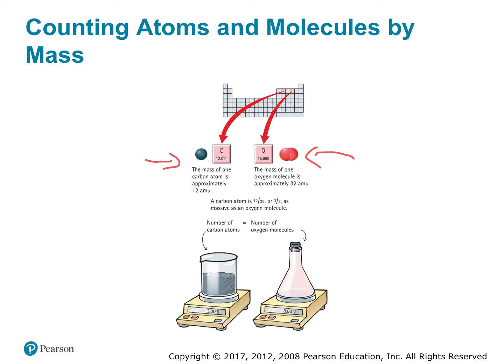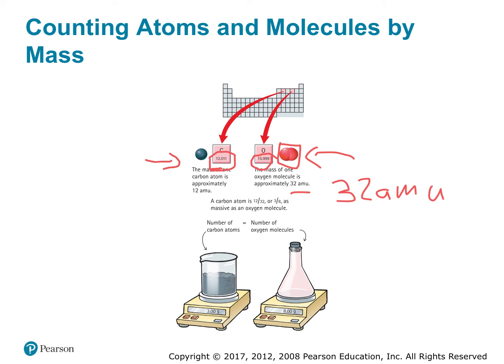And if we look at the periodic table, we can see the mass in AMU is listed for each one. So for carbon, it's about 12, and for oxygen, it's about 16. But we know that we've got two oxygens, so 2 times 16 gives us 32. So we've got 32 AMU for the oxygen molecule.